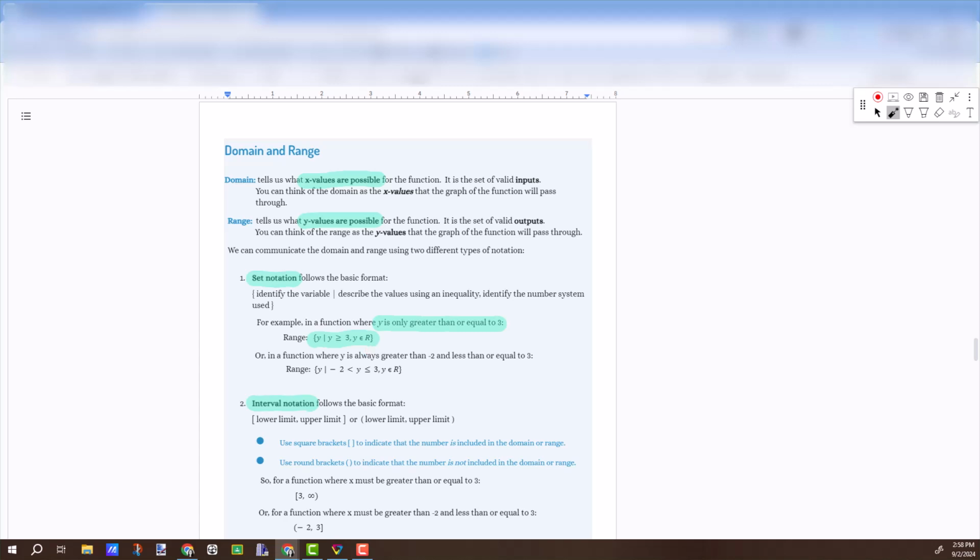Let's look at another range, but let's look at one where it is in between numbers. For instance, y is always greater than -2 and less than or equal to 3. Look what they did here. They've added a few different inequalities. The first one they said is y is greater than -2, but y is less than or equal to 3. And notice what is really important here.